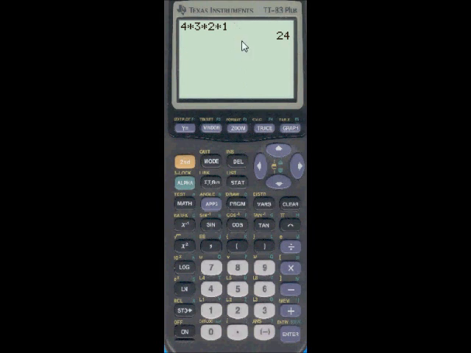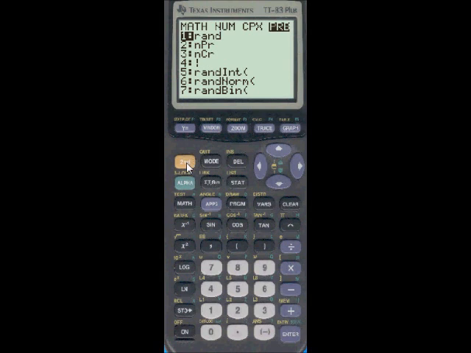In the TI-83, TI-84, there is another function that does all this, and we go to math, hit the math button, and scroll across, and there's probability, and here's the factorial sign. So let's enter this correctly.